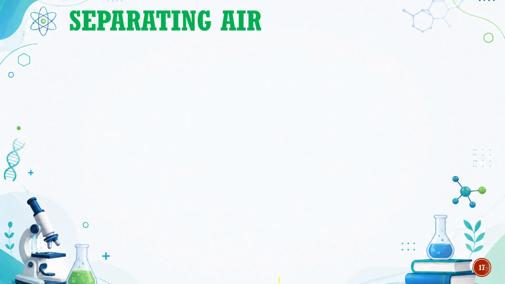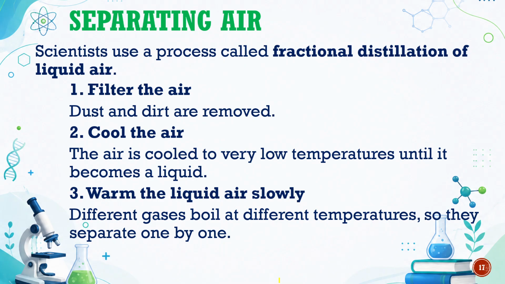Now let's talk about separating air. As we considered air a standard and good example for explaining mixtures, let's talk about how air is separated, right? There's a process called fractional distillation of liquid air.